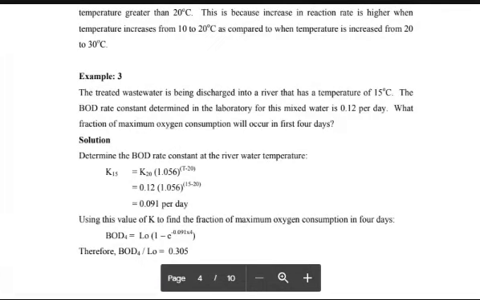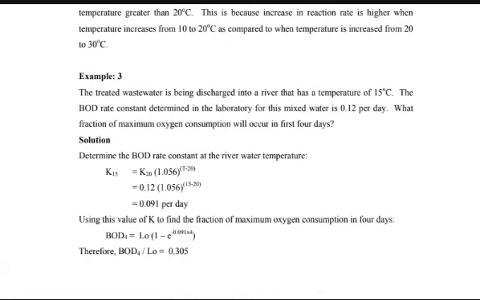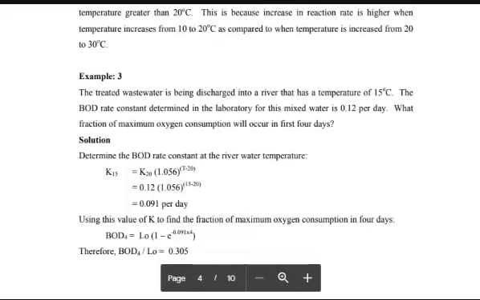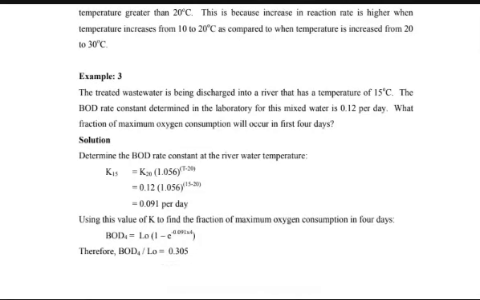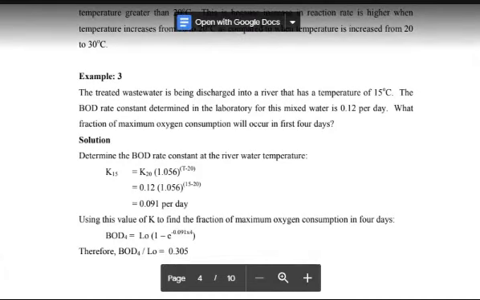BOD suffix t is equal to L suffix 0, the ultimate BOD at time 0, into 1 minus exponential of minus k into t. What is k? K is this one. Don't get confused about which k we need to use while calculating the BOD, because we corrected the k.